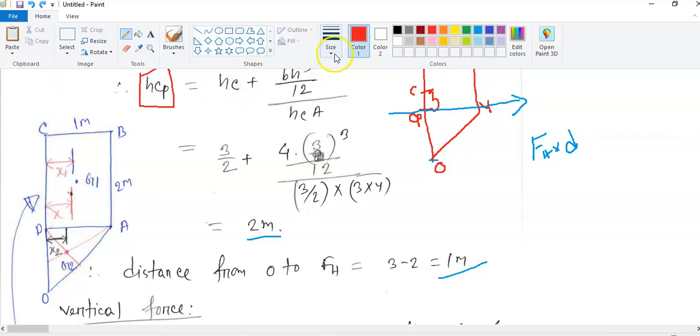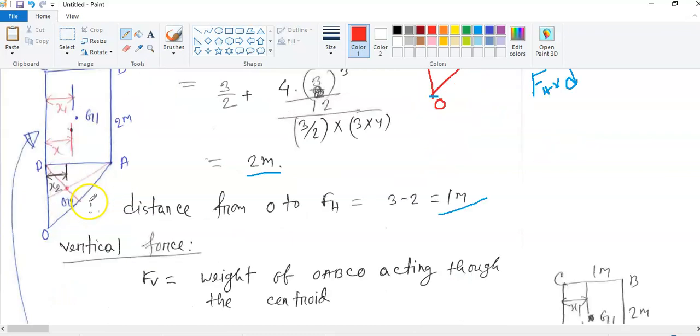Then if we want to calculate the moment, we need the corresponding distance. So here we made two parts, triangle and rectangle, we calculated the center of gravity and the corresponding distances. We define x1, x2, x.